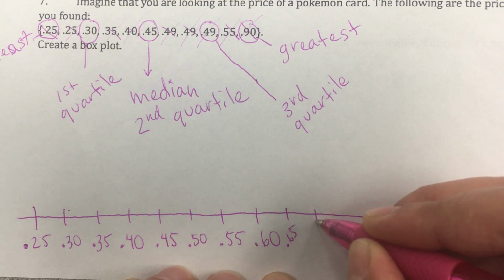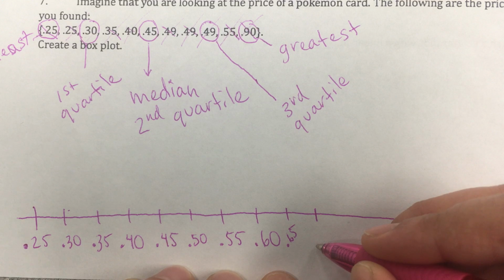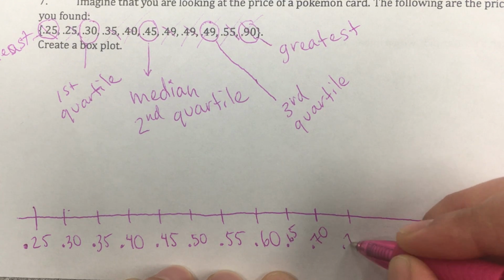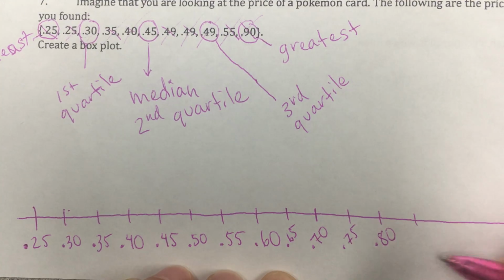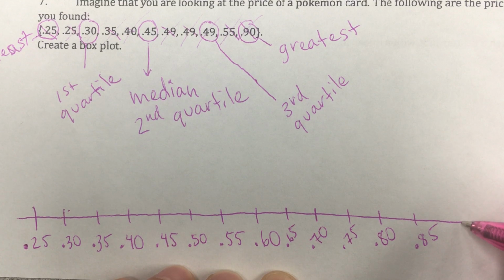I'm gonna do them a little slanted. Yeah, 0.70, 0.75, that's easier, 0.80, 0.85, and 0.90. Okay, I think that's as far as it goes.